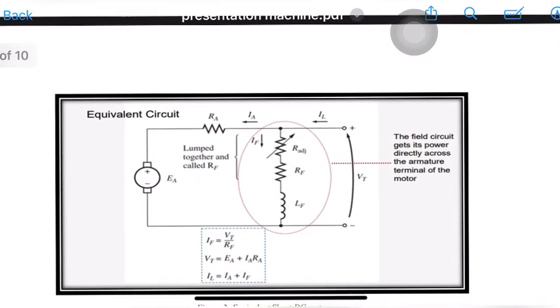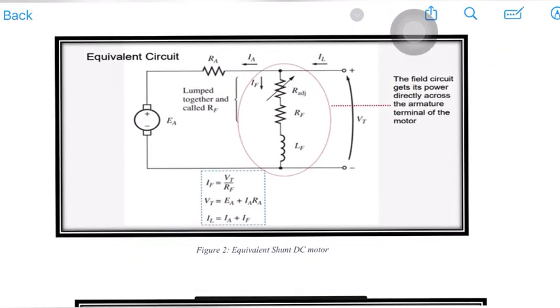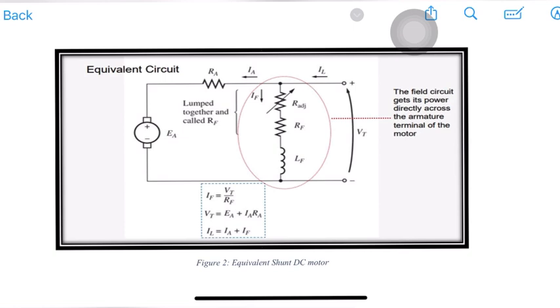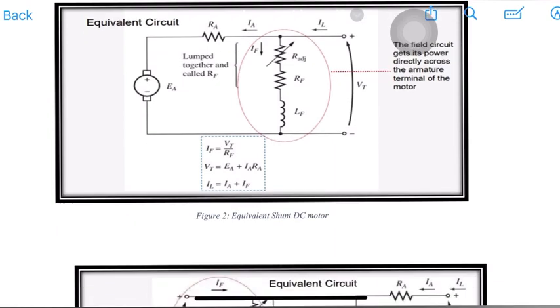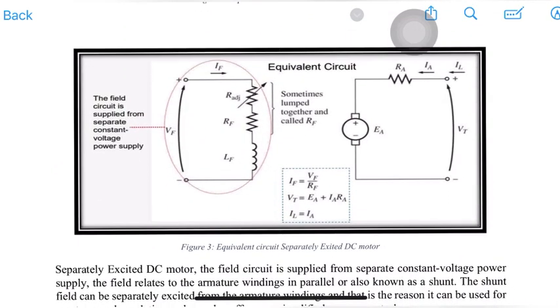Next, this is a figure of the equivalent circuit of the shunt DC motor, and we can see the field circuit gets its power directly across the armature terminal of the motor. Next, this is a figure of the equivalent circuit of the separately excited DC motor. It shows the field circuit is supplied from a separate constant voltage power supply.